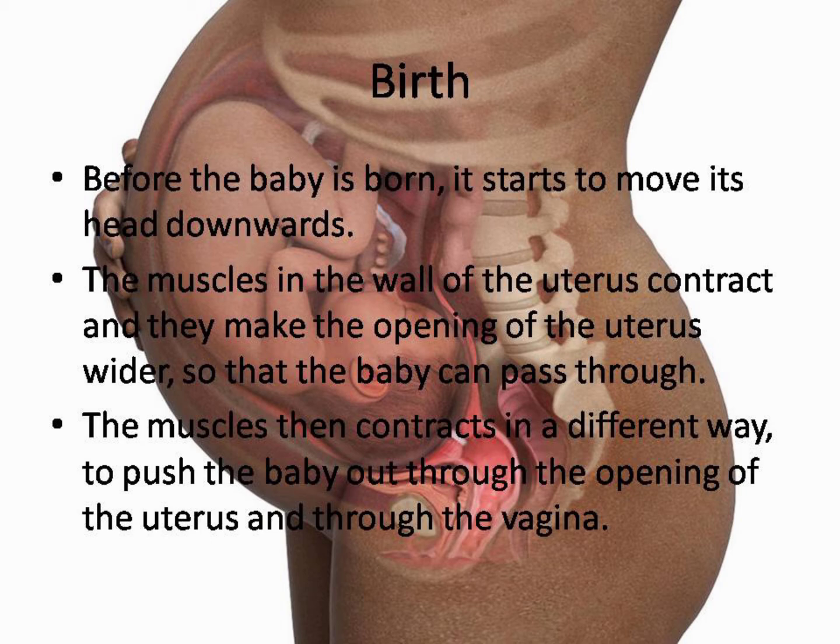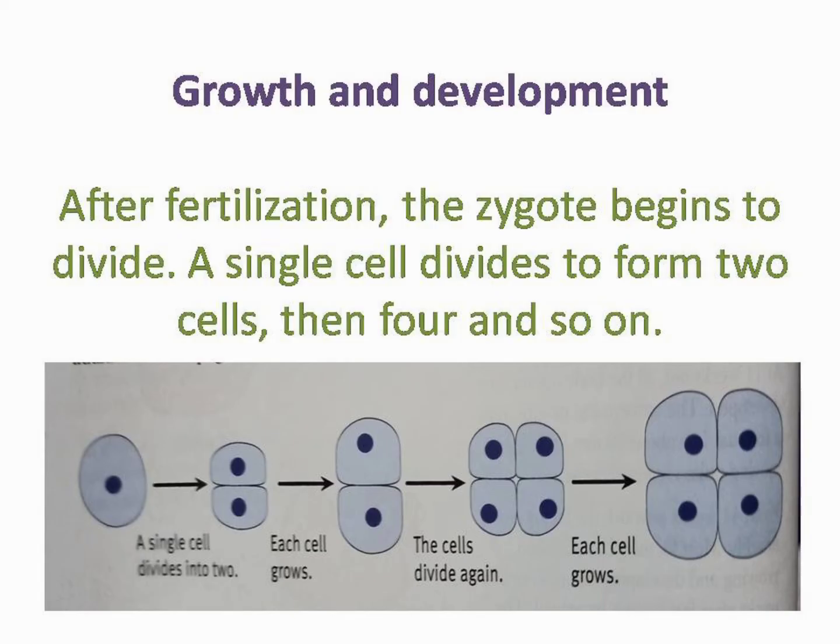The muscles in the wall of the uterus contract and they make the opening of the uterus wider so that the baby can pass through. The muscles then contract in a different way to push the baby out through the opening of the uterus and through the vagina.